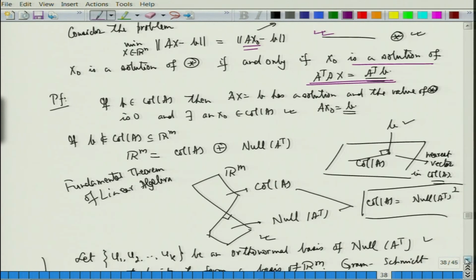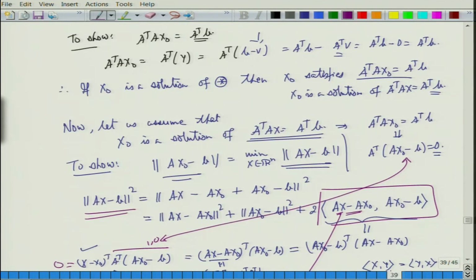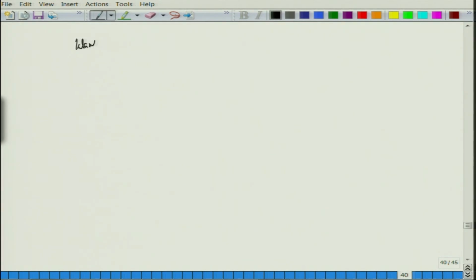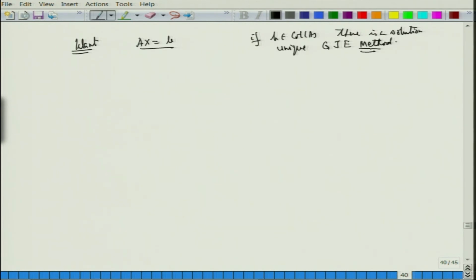So, what I would like you to understand now is there are two things here. One is that if you want to solve Ax is equal to b, if b belongs to the column space of A, there is a solution using the Gauss-Jordan elimination method. I already have a solution, fine.